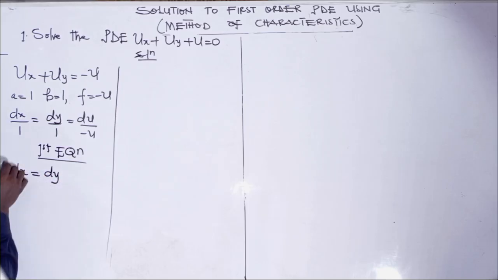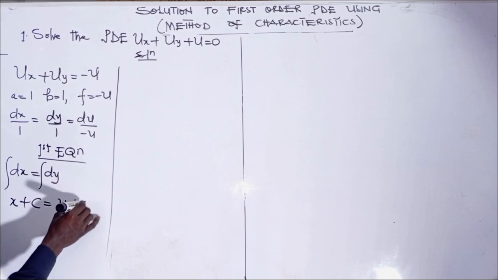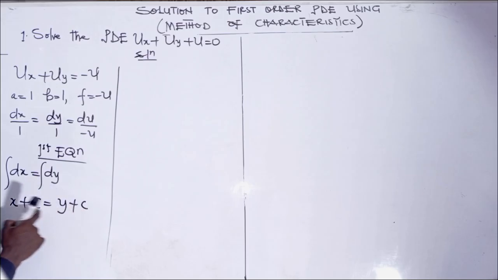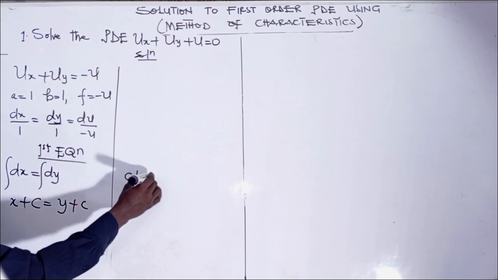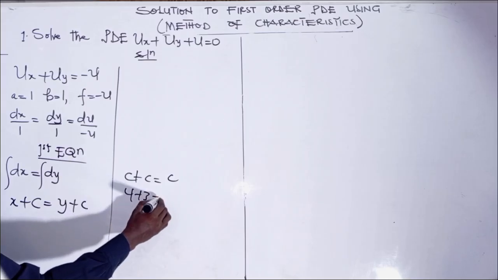Now once we have this, we integrate both sides. So when we integrate 1 dx, we are going to get x. Then we add the constant of integration, c. When we integrate 1 dy, we are getting y. We can add the constant of integration, but since we are having constants, when we add a constant to a constant, we are still getting a constant. When you add 4 to 3, you are still getting 7.